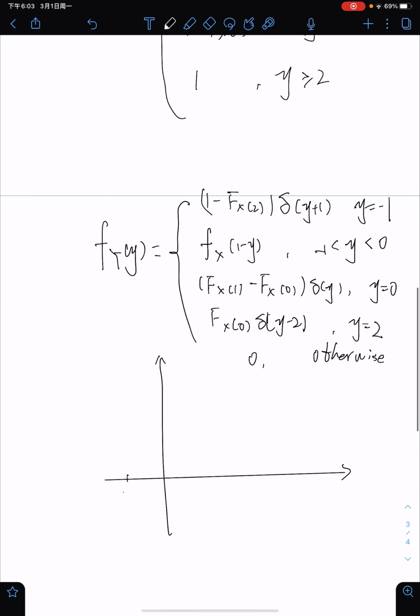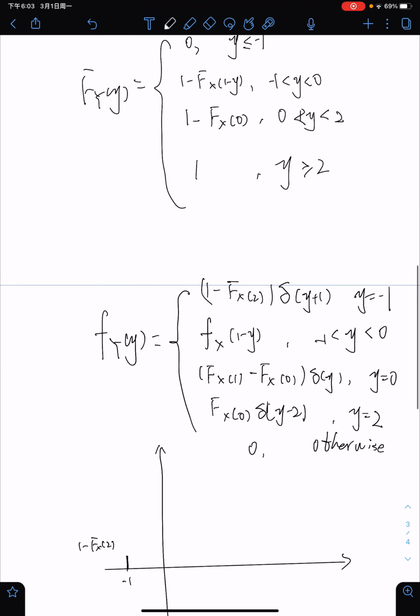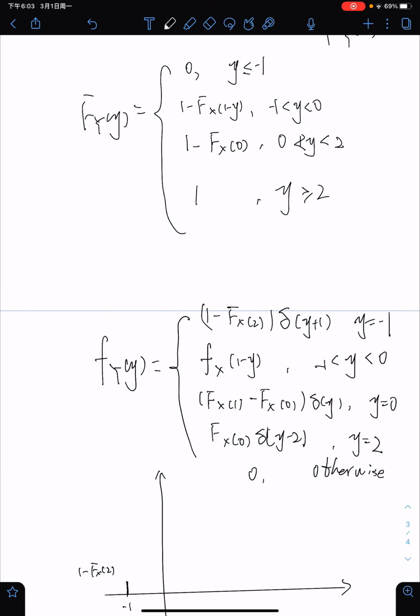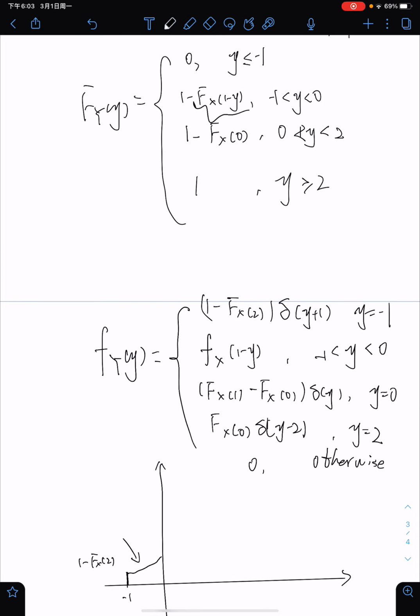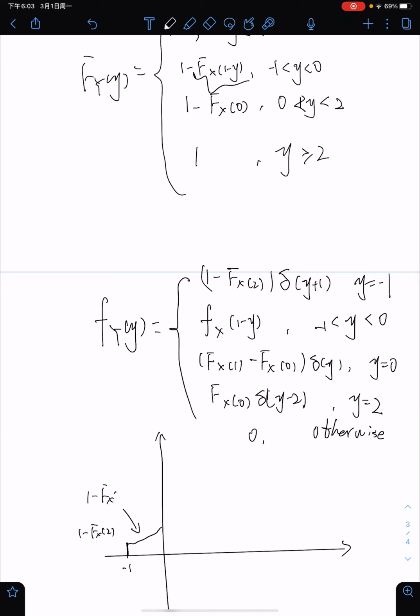0 to minus 1, here is 0, and at minus 1 we have an impulse. So here this point is 1 minus Fx(2). Okay, and then minus 1 to 0, here we can see 1 minus Fx(1 minus y).